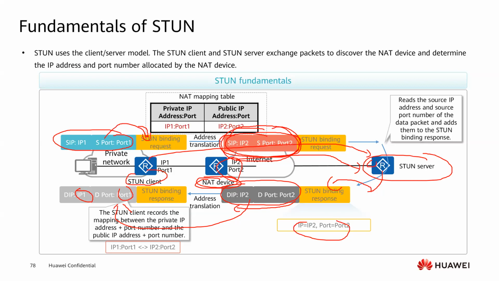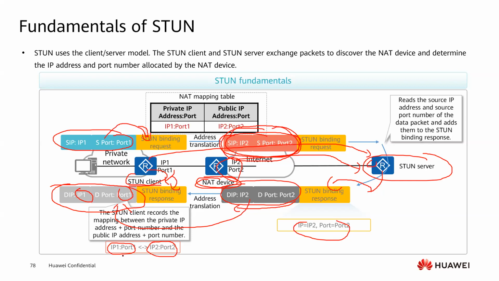Then the STUN client compares the IP and port to the STUN binding request. They will know, first, that I am behind the NAT devices, because those two IP addresses are different.